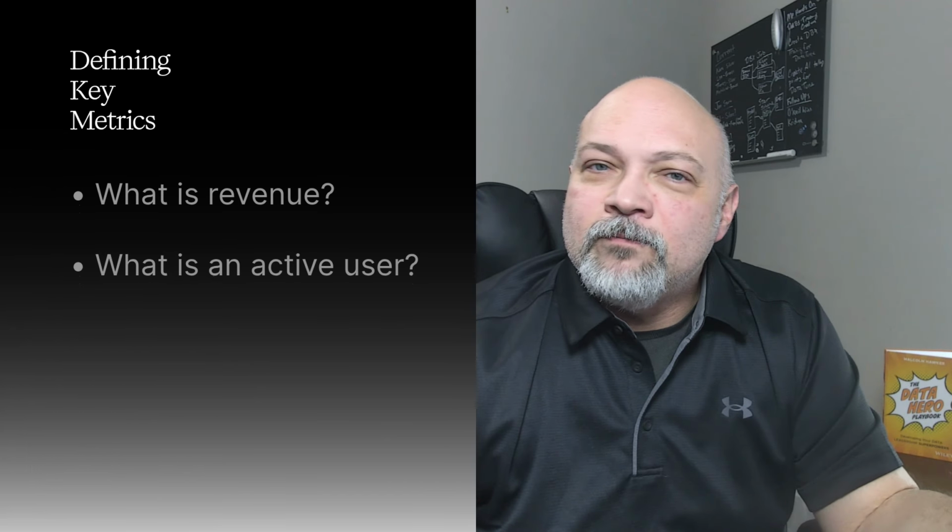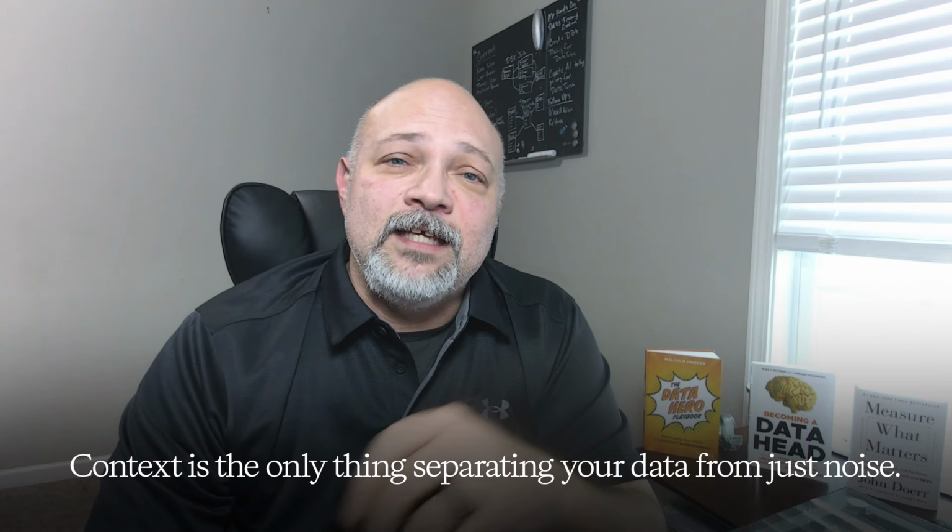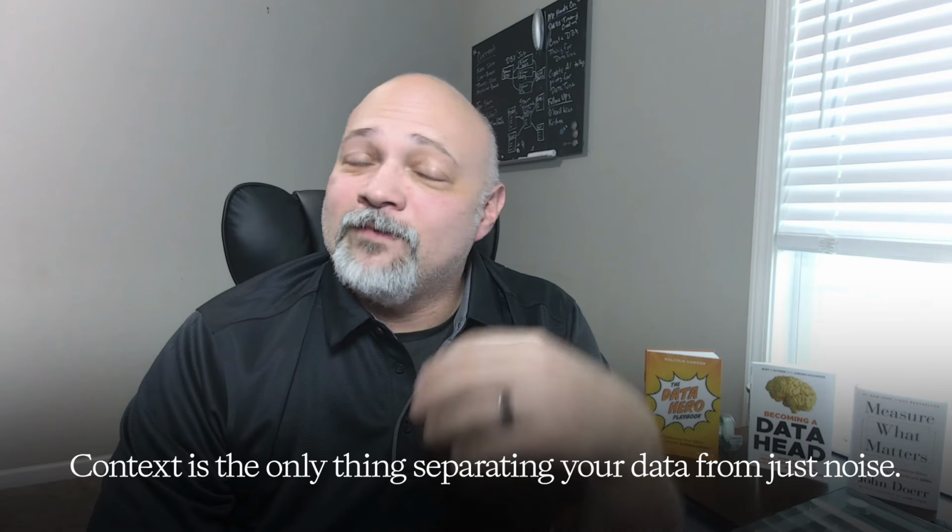What is revenue? What is an active user? Out of the dashboard and into the code, it creates a single source of truth where metrics are defined once in YAML or Python, and this matters because context is the only thing separating your data from just noise. Without it, your AI is just guessing.